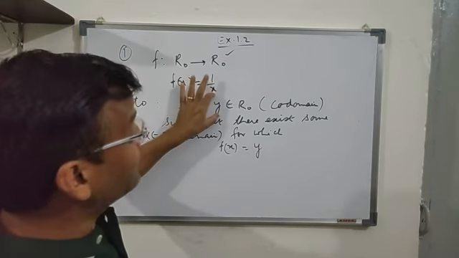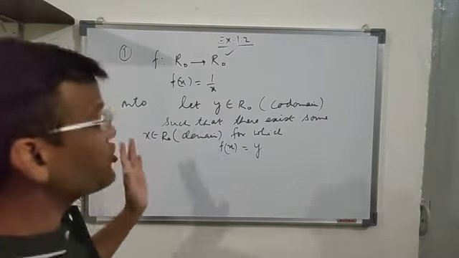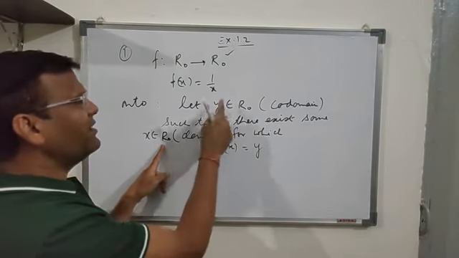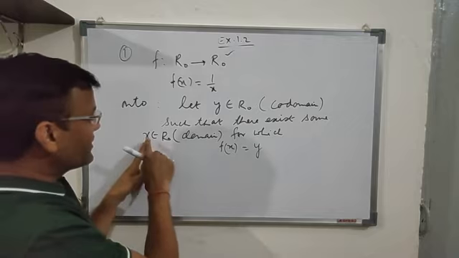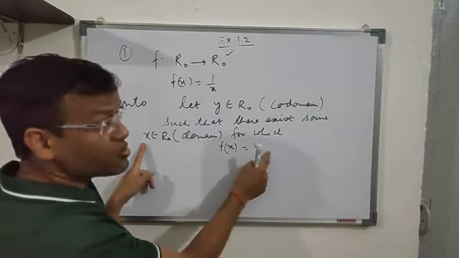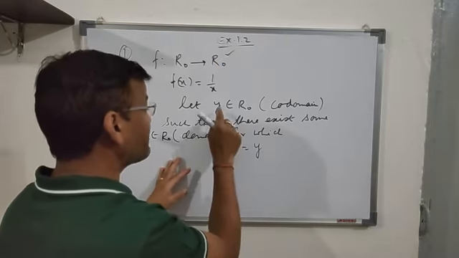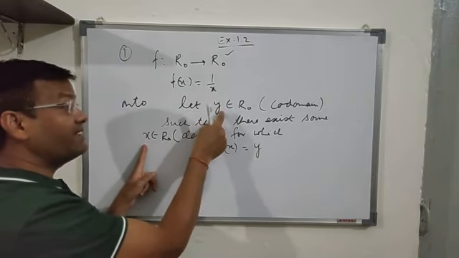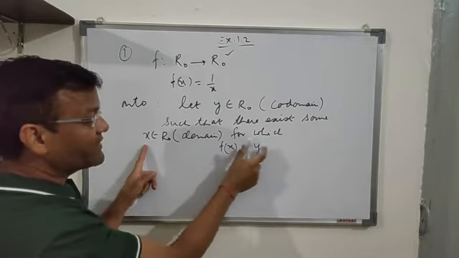So this is a fixed element present in the codomain, and for this element we are assuming, this part is the assumption, that there is some element in the domain which is x, for which y is the image of x. If y is the image of x, that means x is associated to y under f. So we will be getting f(x) equals y.